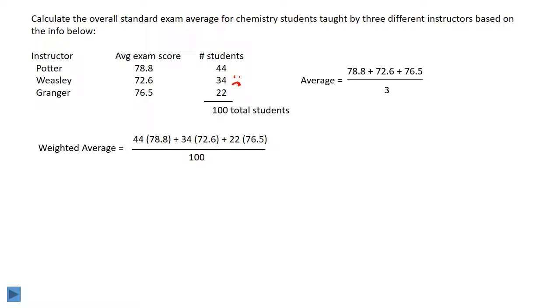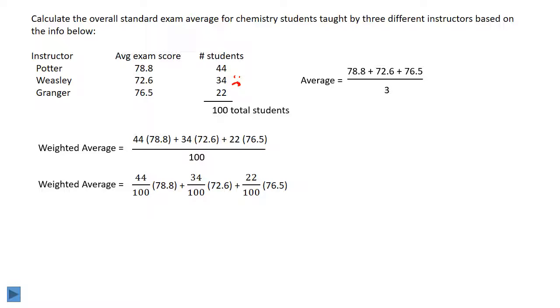There's my weighted average. So let's go a step further and let's distribute that 100 in the denominator into each one of the terms as a fraction. So when I do that, what I get is my weighted average equals 0.44, or 44 over 100, times the 78.8, plus 34 over 100 times the 72.6, plus 22 over 100 times 76.5.